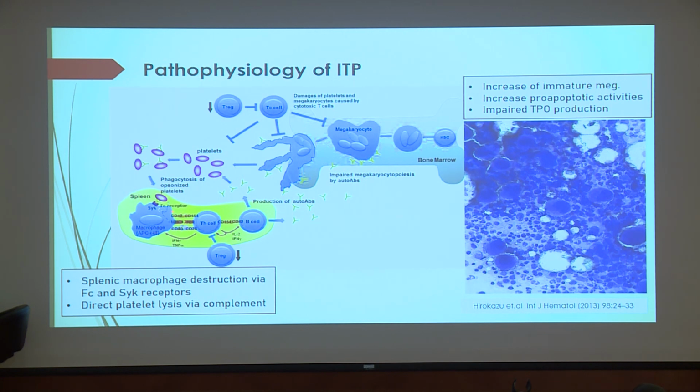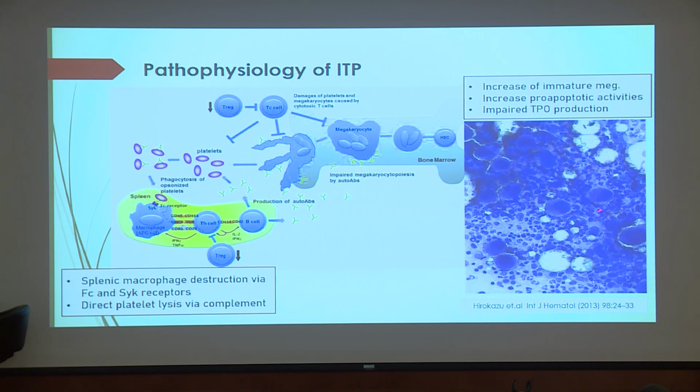So phagocytosis through this mechanism will lead to destruction of platelets, and also direct platelet lysis via complement. Complement activation, especially in acute and refractory ITP, might occur. And actually, this affects us even in lab diagnosis, as we will see with the MAIPA assay later on.